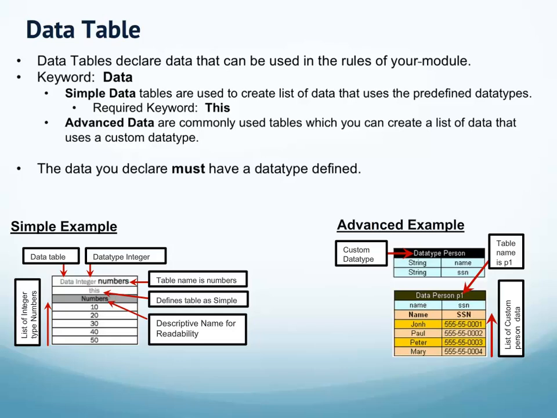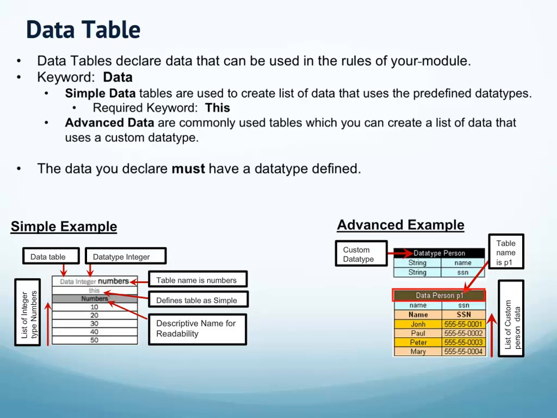The advanced data table uses the keyword data, but then it uses the name of the custom data type that it is going to use, and then you have the actual table name.